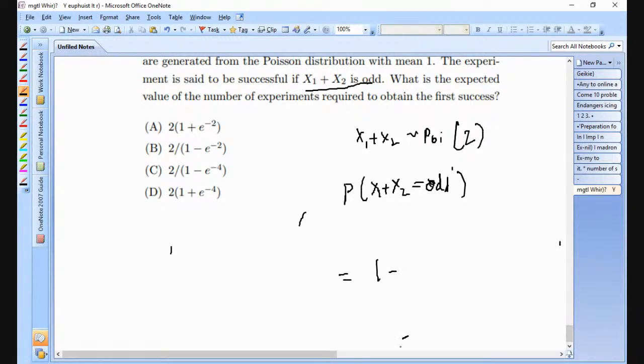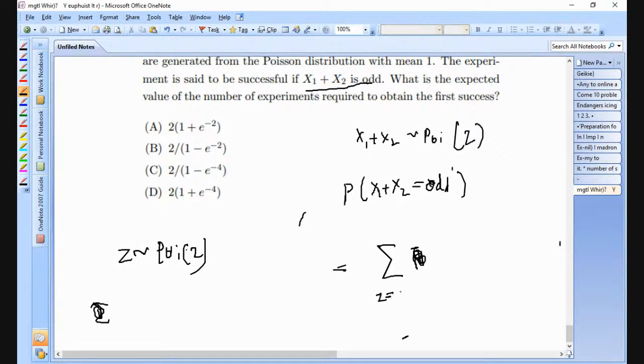Wait, how do you find it out? I took x1 plus x2 as z, okay. Then z equal to 1 to infinity, 2 to the power z by z factorial, e to the power minus 2. Perfect. So she just expanded it. So it is the summation of probability of Z equal to z, where z is odd.